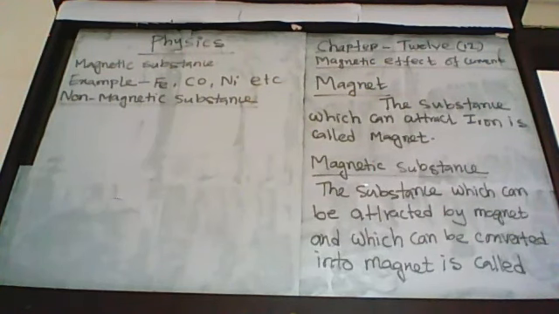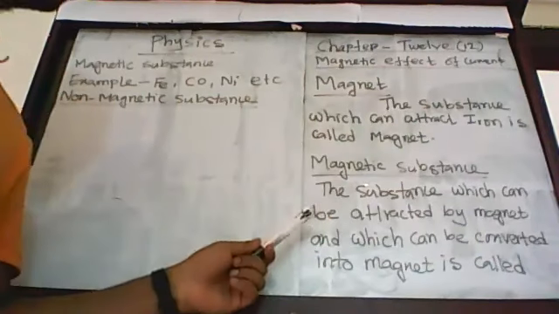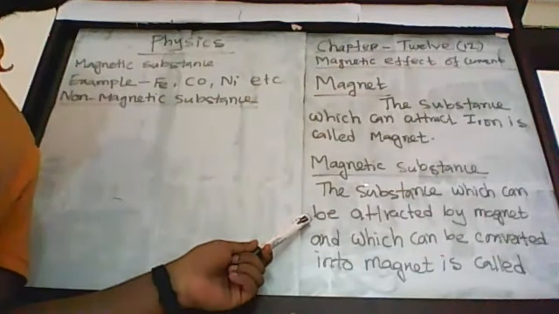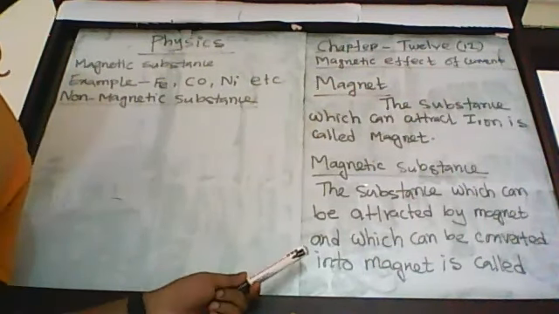In which way can I give the definition? I can give the definition just like this process: the substance which cannot be attracted by magnet and which cannot be converted into magnet.